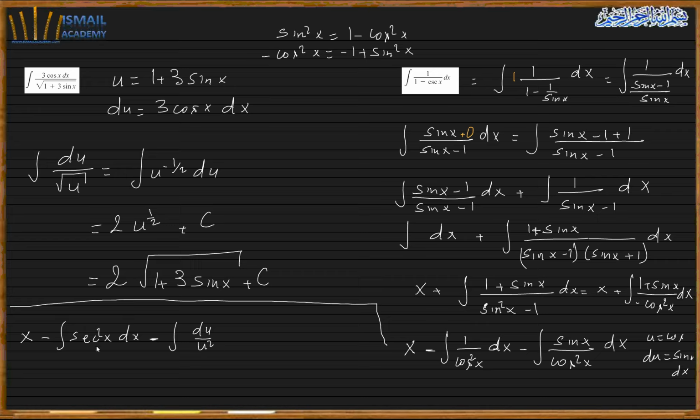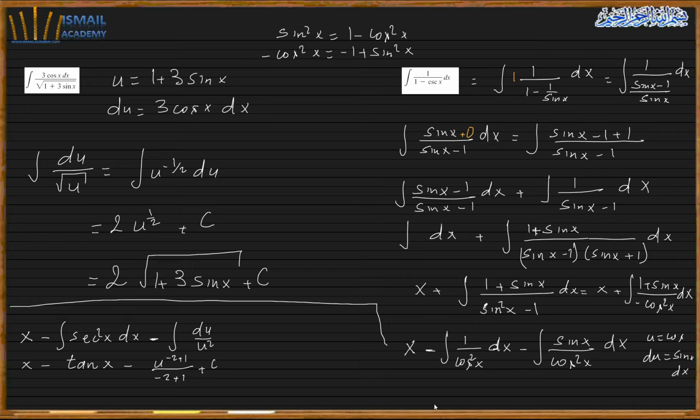So the antiderivative of secant square is tangent, so it's going to be tangent minus, and here will be u to the minus 2 plus 1 over minus 2 plus 1 plus c. So here it's minus 1, this is minus 1, so it becomes positive here.